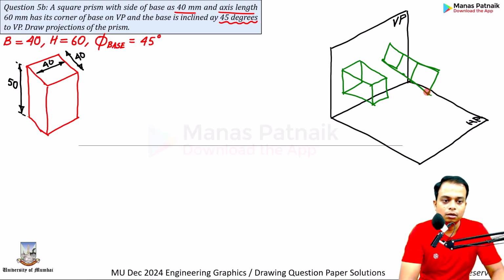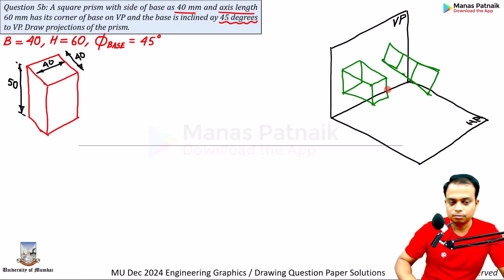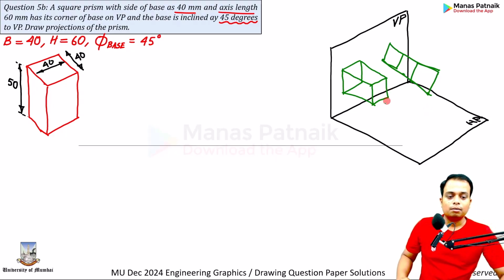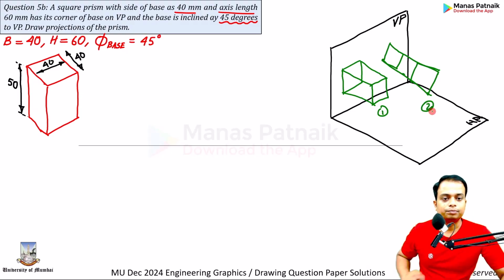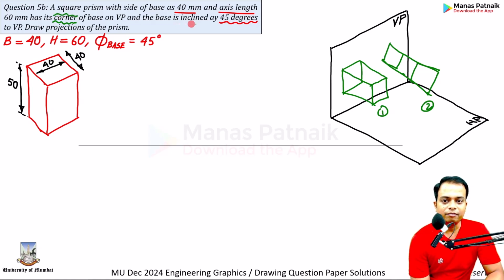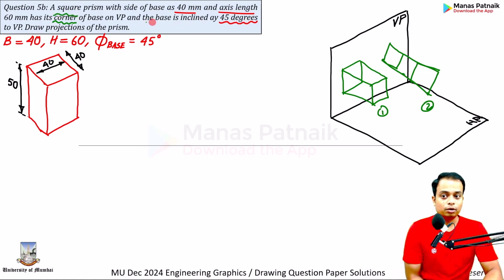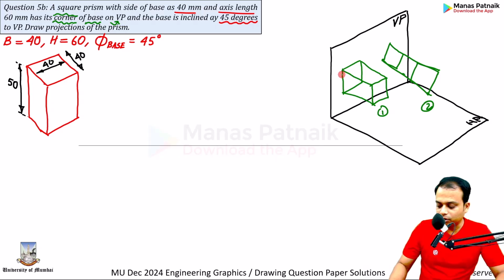I know this is looking very bad. If you watch, there is a very important piece of information which has been given. Whenever you do this inclination, make sure that one of the corners of the base stays in contact with the VP. Okay, so this is the base.